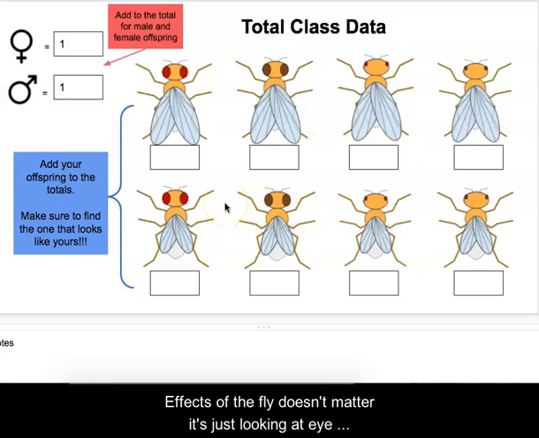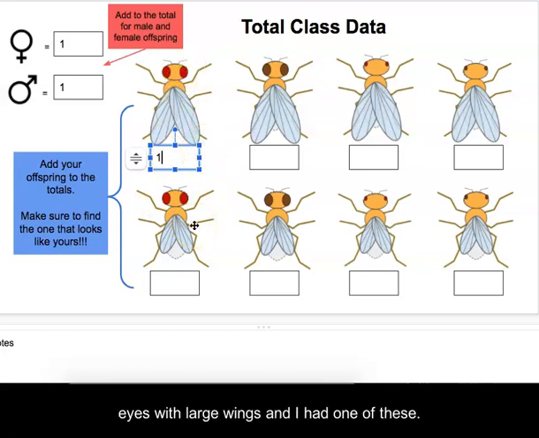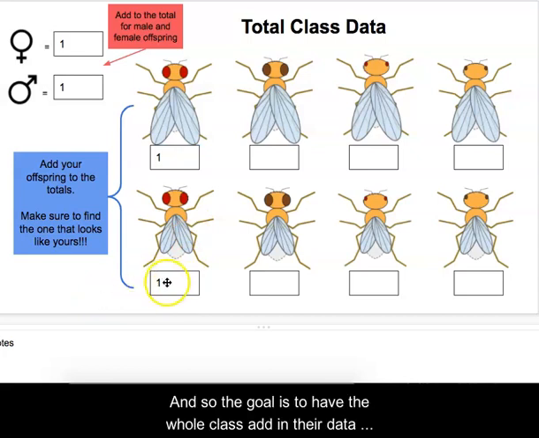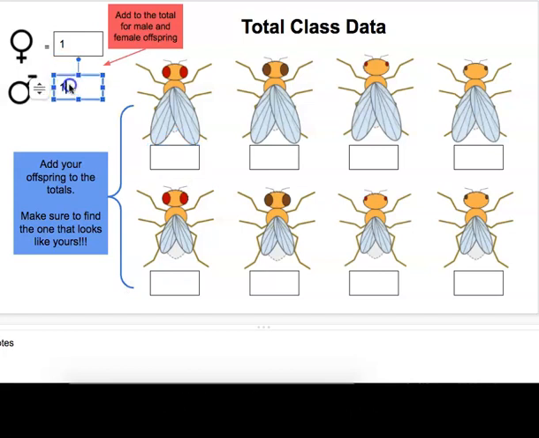It's just looking at eye color, size, and wings. I had one of these, big red eyes with large wings, and I had one of these, big red eyes with small wings. And so the goal is to have the whole class add in their data to this final slide, and then we will analyze it next class.